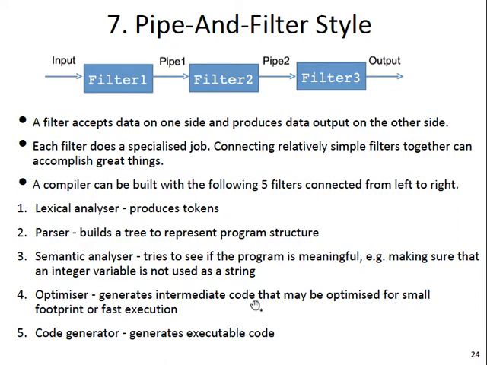So it will check whether it is an integer, is it the same type, or if it's not the same type, one is floating point, one is integer, then the semantic analyzer would have to do some conversion for you to convert the integer to floating point. But maybe you're trying to add an integer to a string, then maybe it will tell you it's an error.